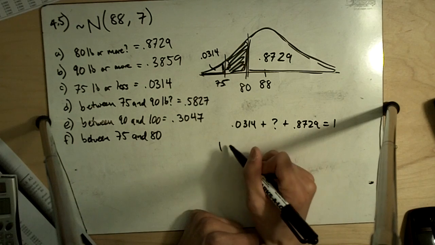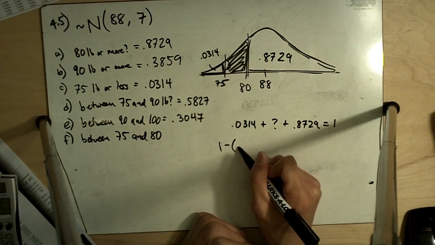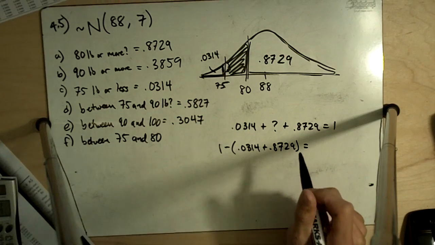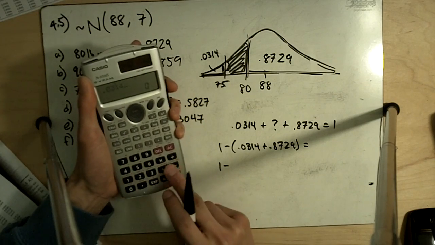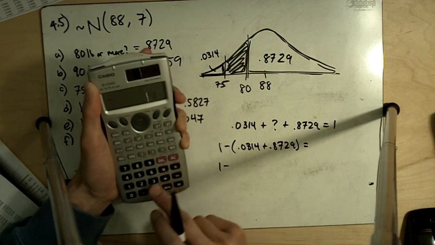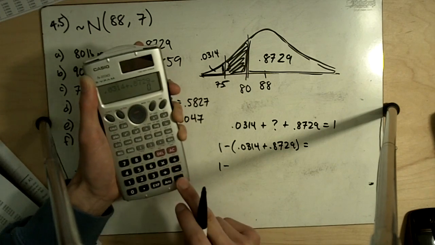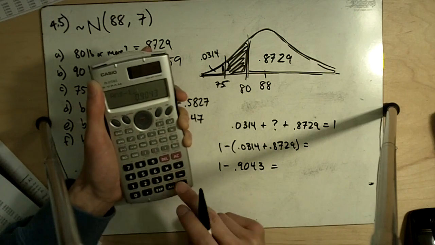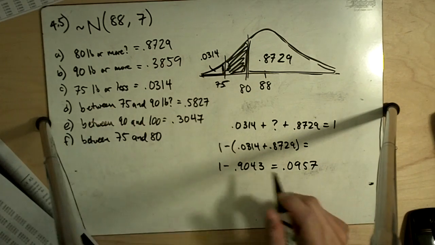So the way we find our mystery number is going to be 1 minus the other two sides, and that is going to be 1 minus 0.9043, and we are left with 0.0957.